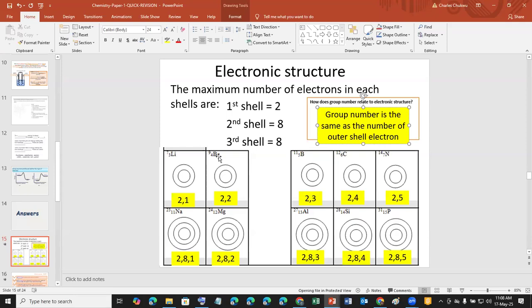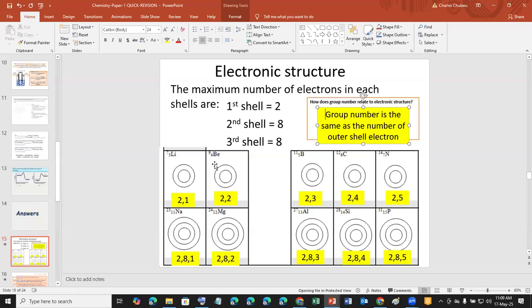Same thing with, I think that's beryllium and magnesium. They have 2 electrons in their outermost shell. How do we know? Look at the atomic number, it's 4. Remember, atomic number is the number of protons, but it's logical that the number of electrons is also equal to the number of protons for an atom.